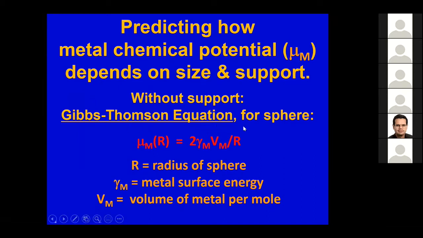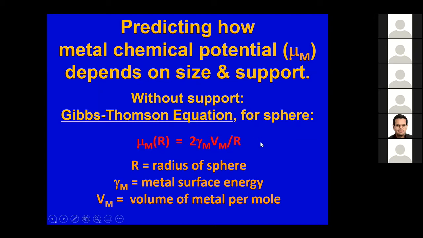And the ancient Gibbs-Thompson equation here says that the chemical potential of something in a liquid particle of radius r above the bulk chemical potential in the bulk of the liquid, so with reference to a chemical potential of 0 for infinite radius, if you like, is 2 times the surface energy per unit area of the material, times the molar volume of the material, divided by the radius of the particle.